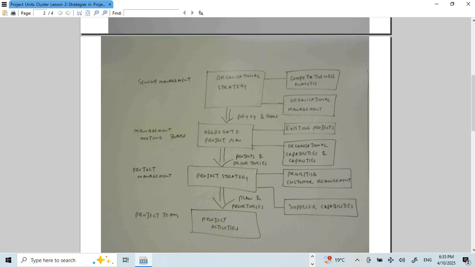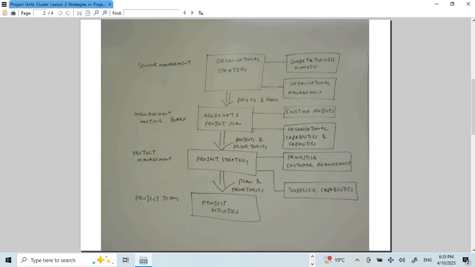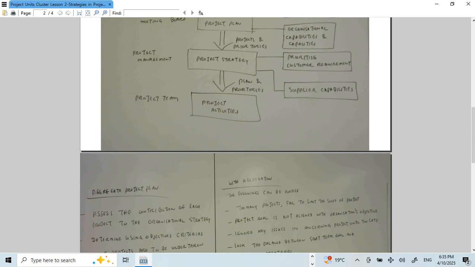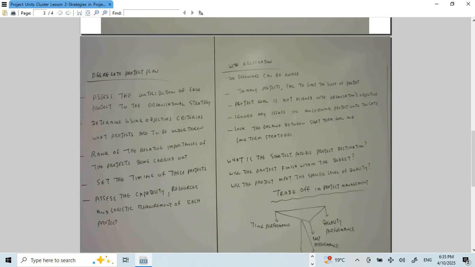And then you have to make the plan and the priorities, and then ask the project team to do it. The project teams' activities are performed to meet the plans and the priorities. You have to make this raw idea on how to do the project. In this case, these plans are the requirements. So this is the assets.